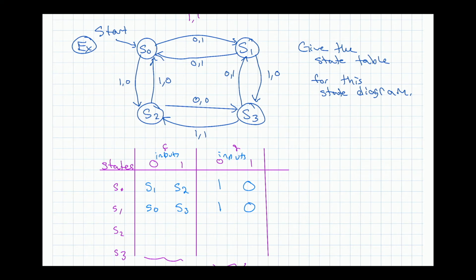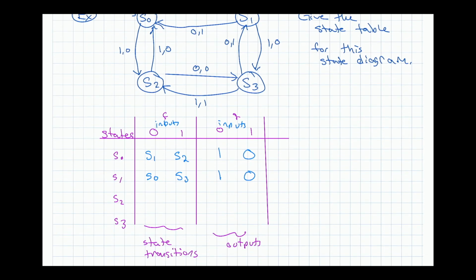Now notice too, as I'm going through this, that you're never going to be writing something in the same box twice. For example, if I got confused and said S3 to S2, that's a 1, and then I come here and go, oh wait, isn't there something already in that box? Well, that would tell you that something's wrong, right?